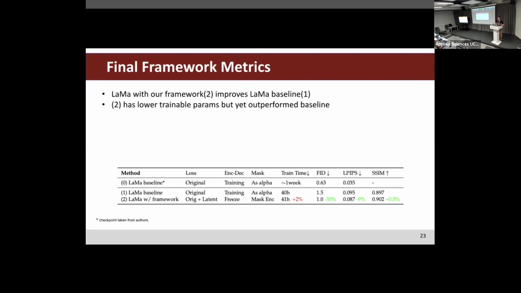So it has the same layers, but with the added mask encoder and these additional losses. And importantly, the encoder and decoder were also fixed in these trainings, and yet we lose the advantage in training time at this scale because we have to use the decoder for the pixel space losses. But on the other hand, we got significant improvement in metrics.